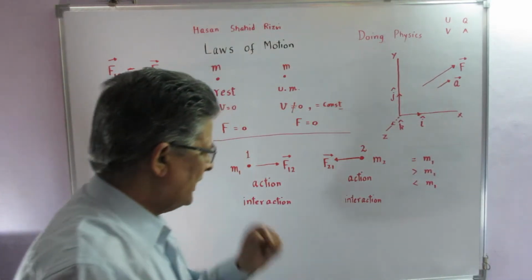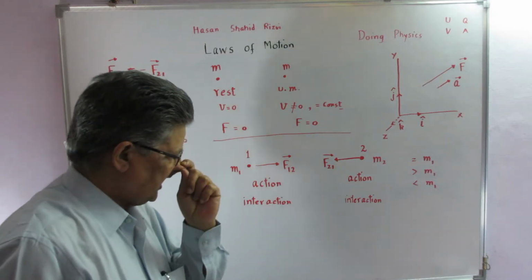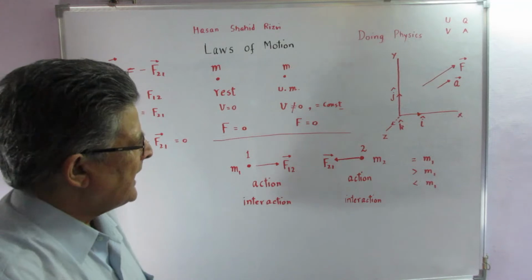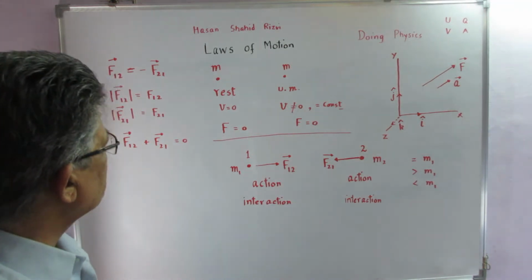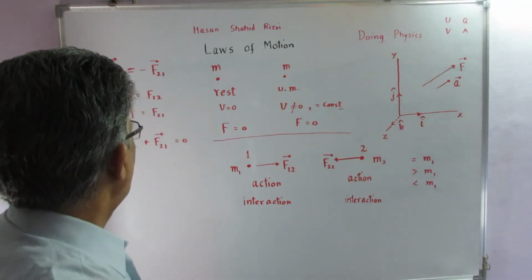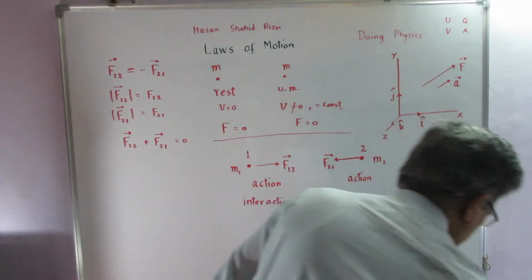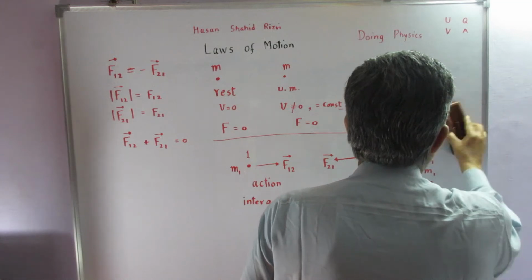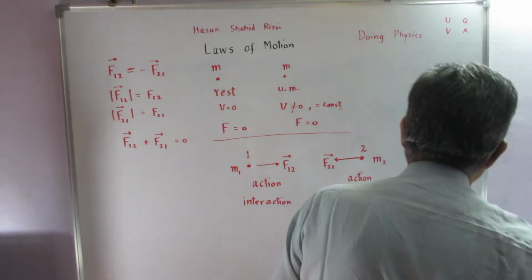Okay. In all situations, F12 will be equal to F21. In a simple situation, like we have in the case of a body falling on the surface of the earth.